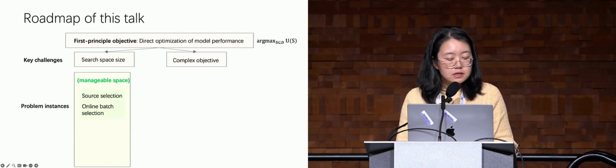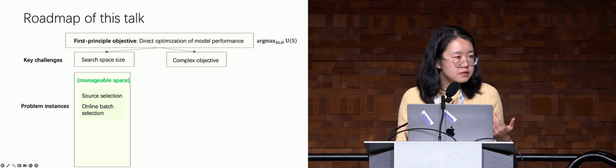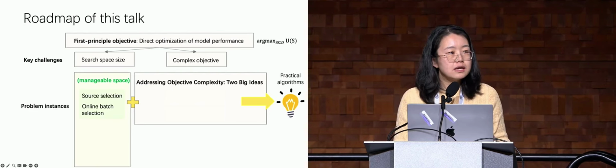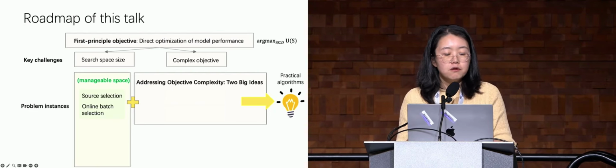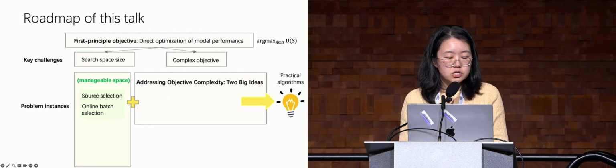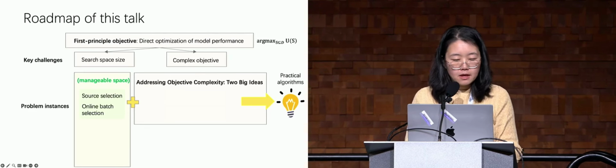The other problem instance is online batch selection. Instead of selecting from the entire data corpus, we focus our selection decision on the current batch. We select some samples from the current batch and make the selection decisions incrementally.